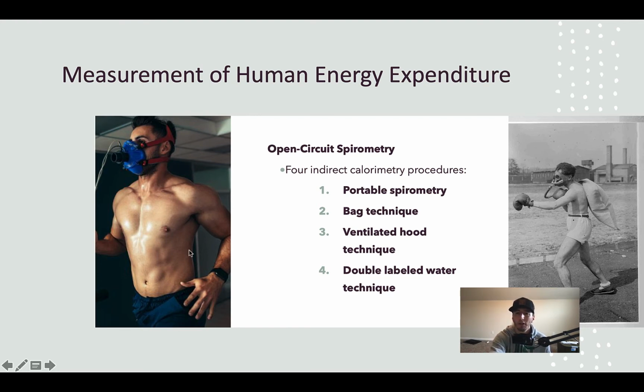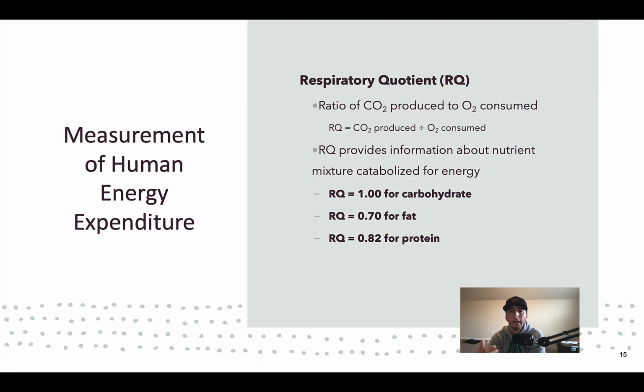So let's talk a little bit about spirometry. When we breathe out, we can calculate something called a respiratory quotient, or RQ. An RQ is the ratio of carbon dioxide produced to oxygen consumed. If you remember, when we jump from pyruvate to acetyl-CoA, as we're transitioning from glycolysis to Krebs, we lose a carbon and produce carbon dioxide.